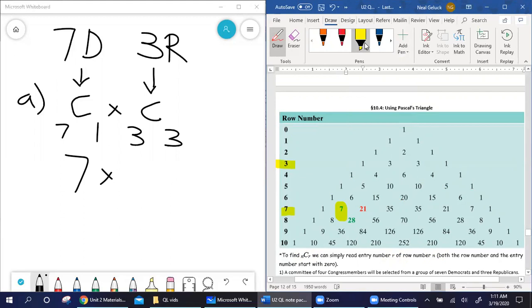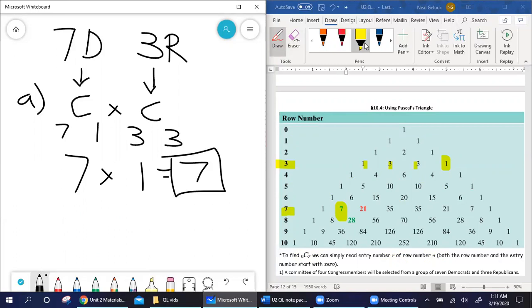Again, I'm counting from the left, starting at the number 0. So 0, 1, 2, 3. That's actually just 1, which if you think about it, makes sense. If I have 3 slots open and there's only 3 choices, there's only one way to pick those 3 people. So 7 times 1, 7. There's part A.